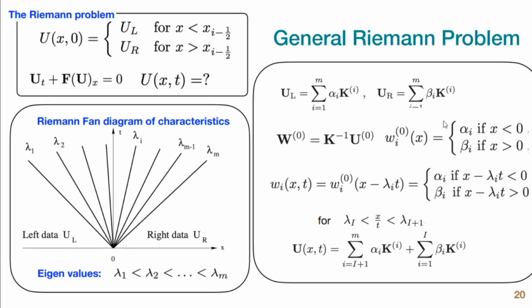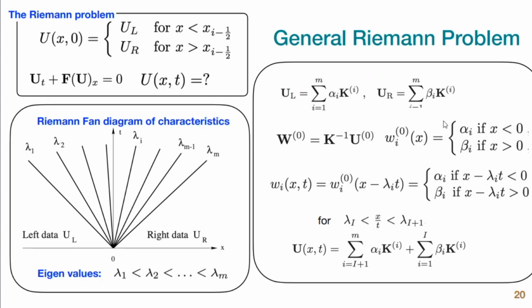Fine. Now, due to the method of characteristics, you can always go along each characteristic and have this relation. So W at a later time, x t, is nothing but W at x minus lambda t. Once you appreciate why this is true for the advection equation, this will also become clear to you. So x minus lambda t is again alpha I, beta I, because this is not changing.